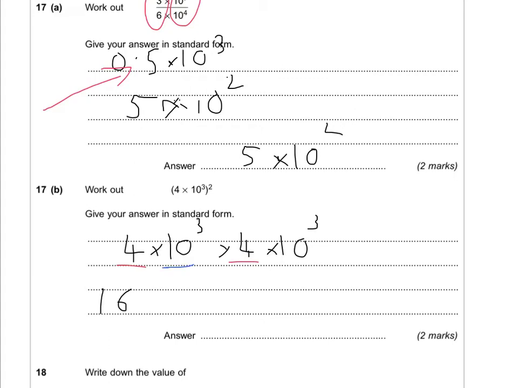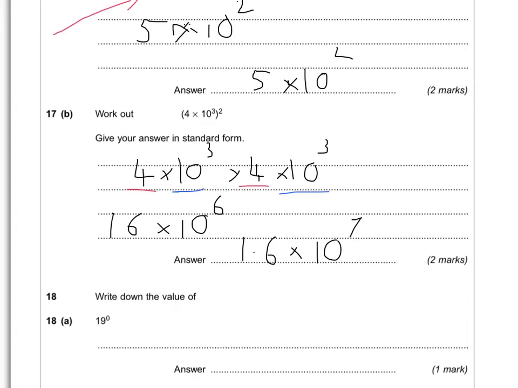And then times it by this multiplication, which is 10 to the 3 times 10 to the 3, you add the indices, so that's 10 to the 6. Like the last question, that is not a number between 1 and 10, so it is 1.6 times 10. Well, if you have to do 16 times 10 6 times, it's going to be 1.6 times 10 7 times.